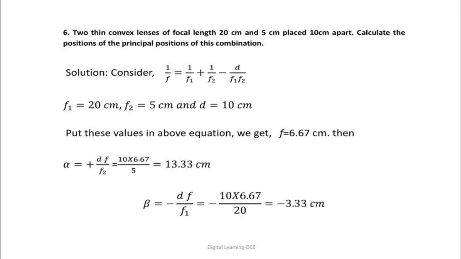Beta is given by beta is equal to -df/f1, which is equal to -10 into 6.67/20, which is equal to -3.33 centimeters.